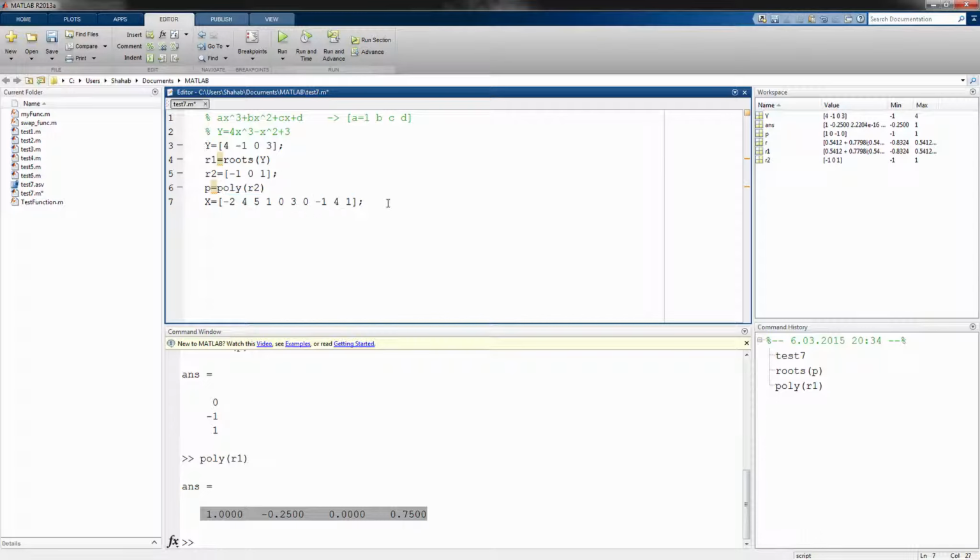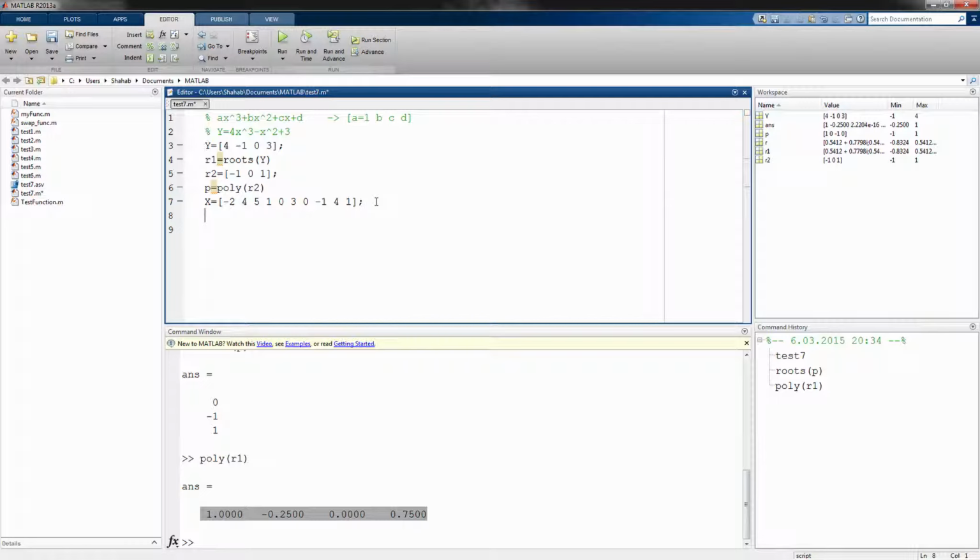What will happen if I put a number, let's say 1, instead of the variable? We want to find the value of the polynomial at a given point.